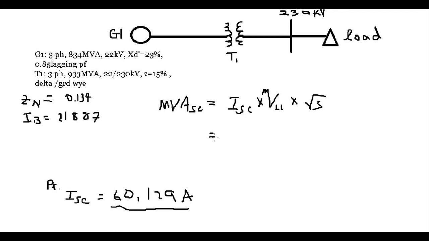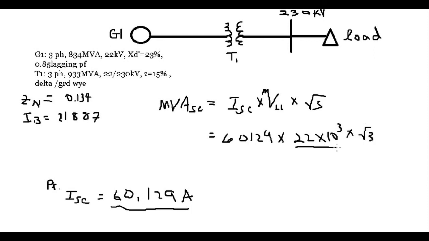So this is equal to the 60,129 amps times 22 times 10 to the 3 volts times the square root of 3.